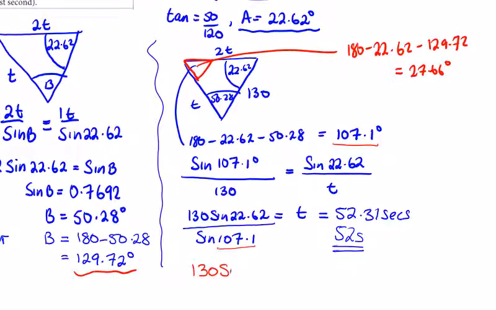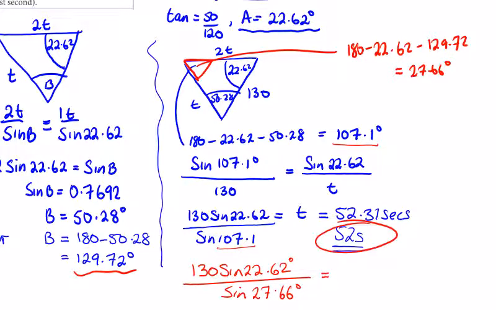So 130 sine 22.62 divided by the sine of 27.66 degrees is going to give me my other t. So scenario 1, 52, and scenario 2, 107.7. So round this to the nearest second, 108 seconds. Those are the two answers in this case.